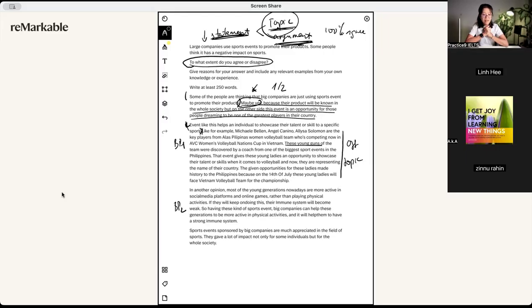And then the next body paragraph as well, you guys. The first sentence is, in another opinion. Now, okay, on the other hand, most of the young generations nowadays are more active on social media platforms and online games rather than playing physical activities. Does it have anything to do with the topic?